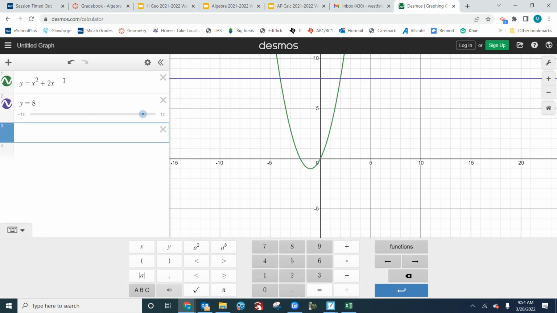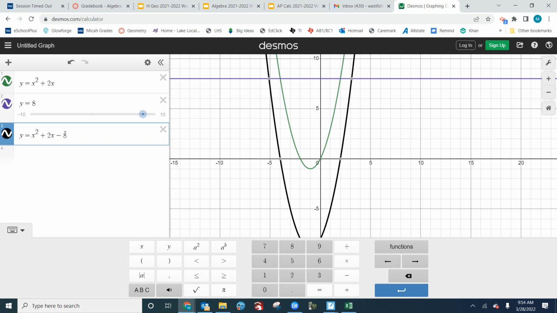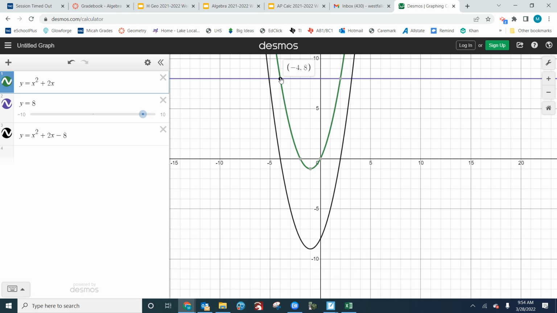If you graphed x squared plus 2x minus 8, if you solve it using algebra, then you're actually looking for where that graph crosses the x-axis. You should get the same x values. No matter how you did it, did you get the right answer? Questions on those?